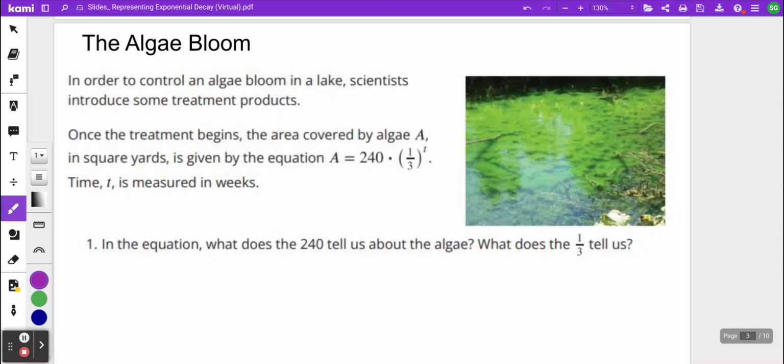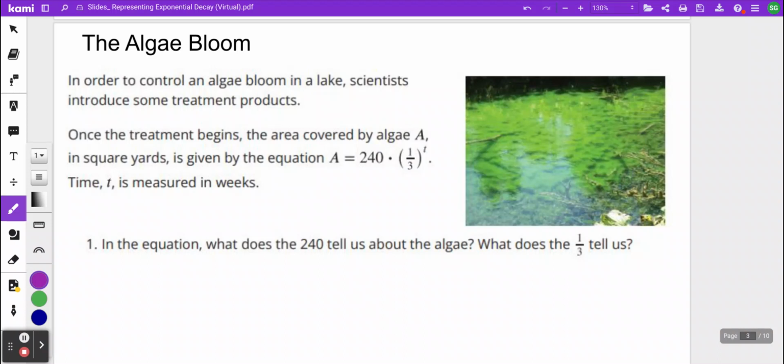In order to control an algae bloom in a lake, scientists introduced some treatment products. Those words, algae bloom, just talk about when the algae gets really bad. So if you look at that picture, there's a ton of algae. We call that an algae bloom. And they're trying to treat it. They're trying to get the algae to go away.